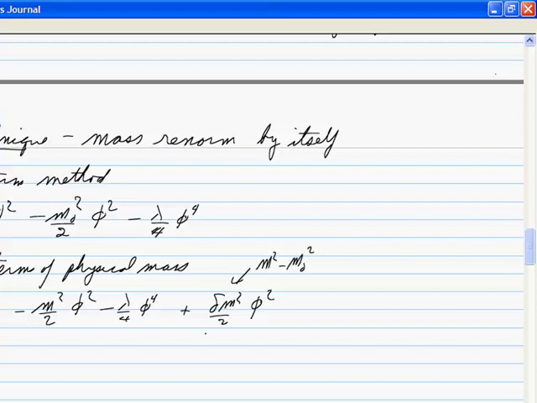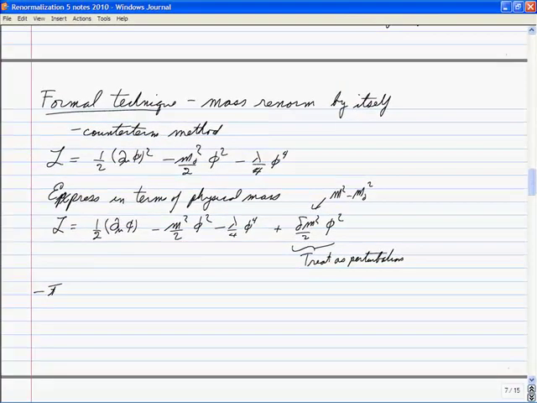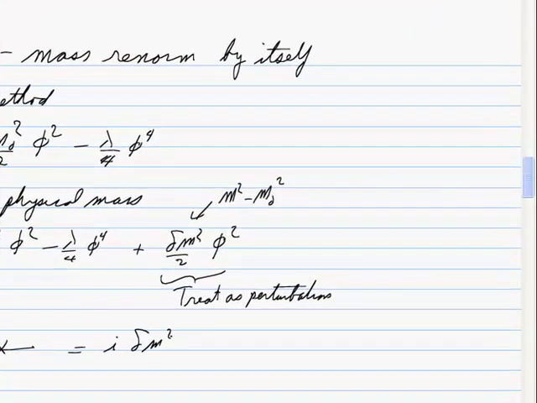I now treat this as a perturbation. So there's a new Feynman rule, which, if I draw it by a little x, that's my counter term, is I delta m squared.